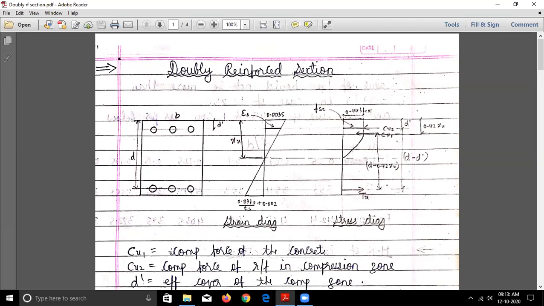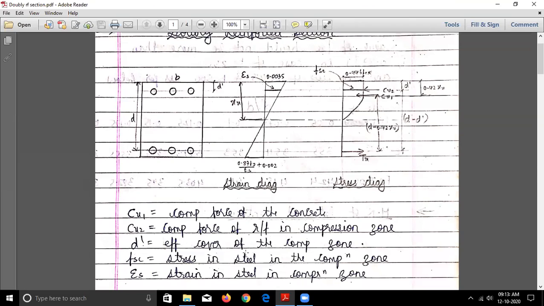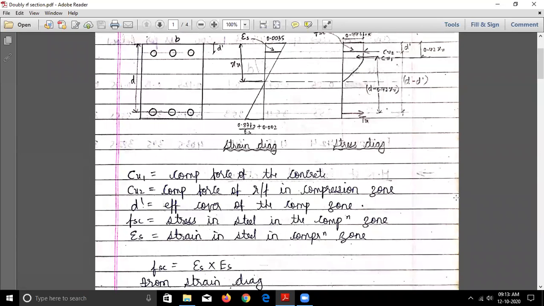Cu1 is the compressive force of the concrete, and Cu2 is the compressive force of reinforcement in the compression zone. d dash is the effective cover of the compression zone, fsc is the stress in steel in the compression zone, and this is the strain in steel in the compression zone. I hope this much is clear to everyone. Now let us move ahead.